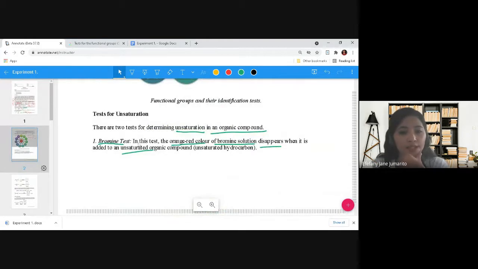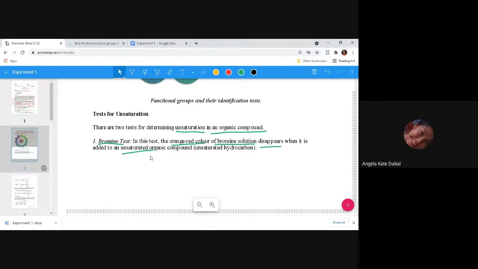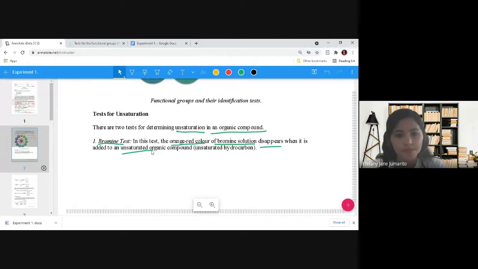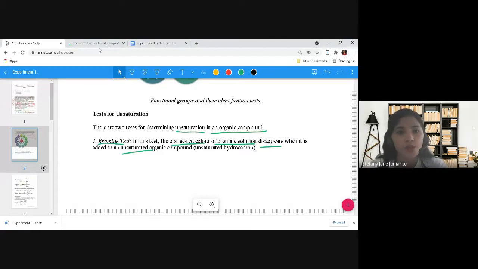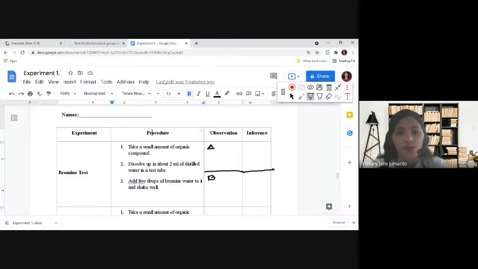Please read. In this test, the orange-red color of bromine solution disappears when it is added to an unsaturated organic compound or unsaturated hydrocarbon. All right. So now, okay.